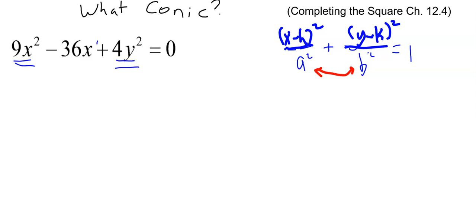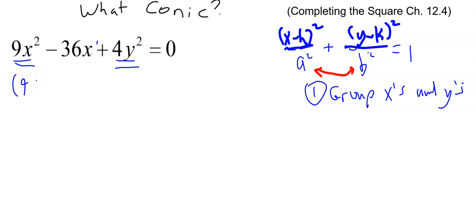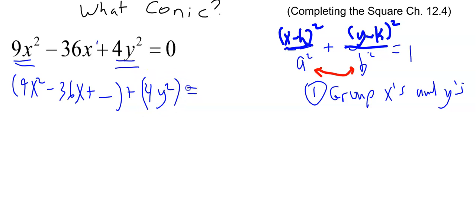So first, let's group the x's. I'm going to write the steps over here. So you want to group the x's and y's together. So this is going to be 9x squared minus 36x plus blank plus, I guess it's just 4y squared. We don't really have any other y terms to go with that. There's no constant. If there was a constant, I'd put it on the other side where the 0 is.